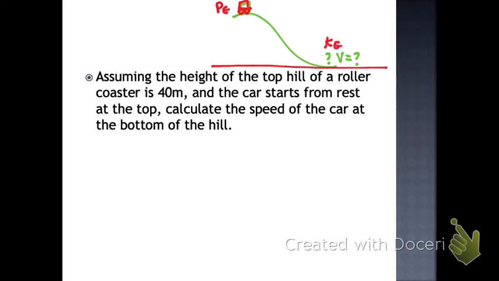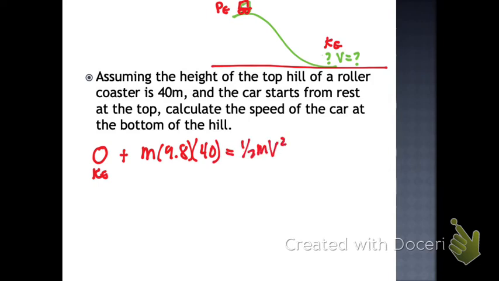So as I'm setting up my equation, I've got 0 kinetic energy to start. And then what type of potential energy are we working with? Gravity or elastic? Gravity, right? So I'm going to have 0 kinetic plus potential, which is mgh, equals kinetic 1/2 mv squared plus 0, because we said we had no potential energy at the end.